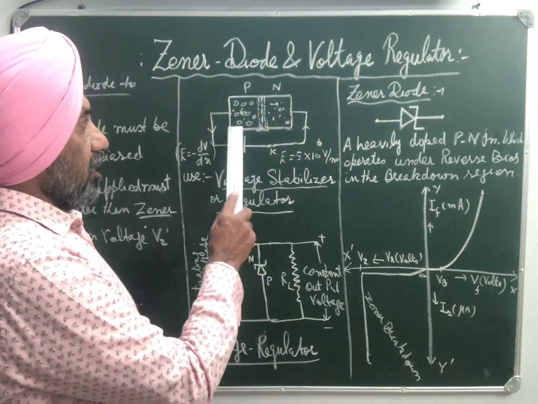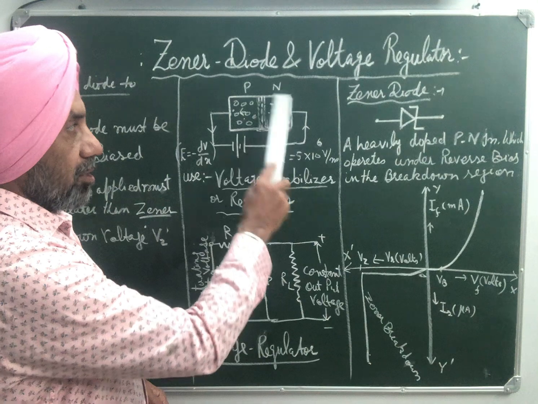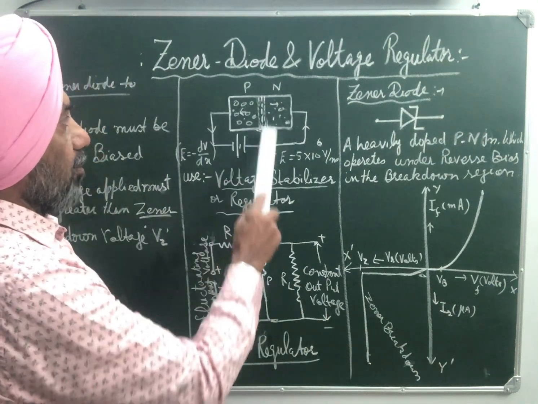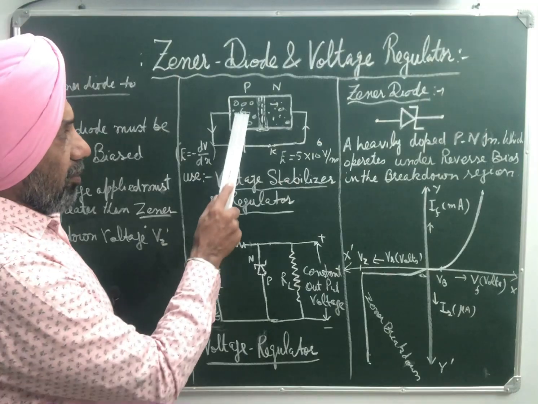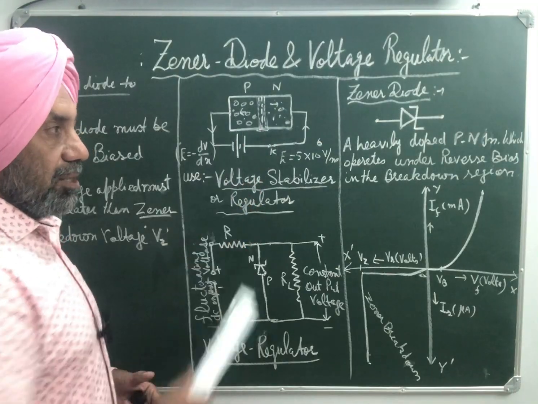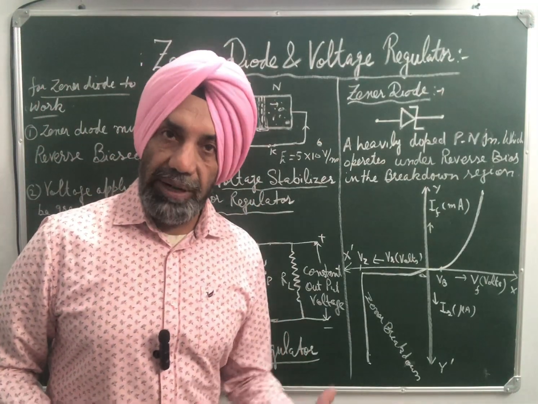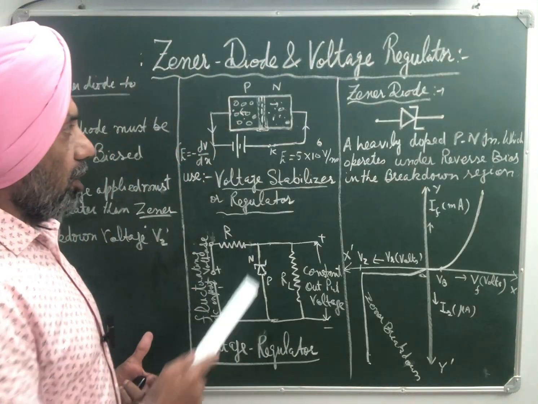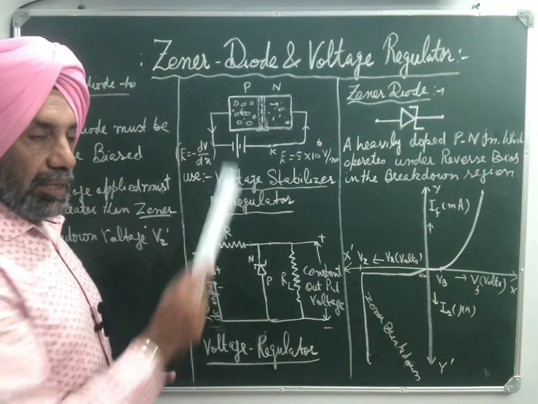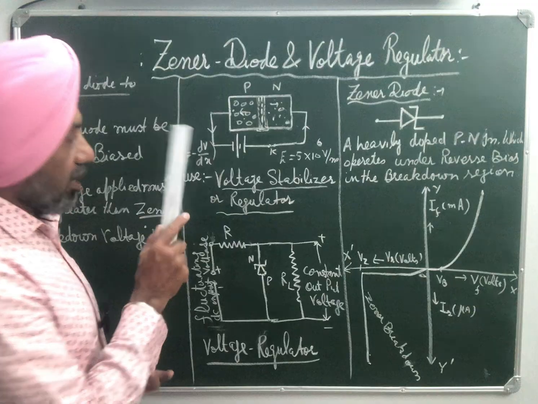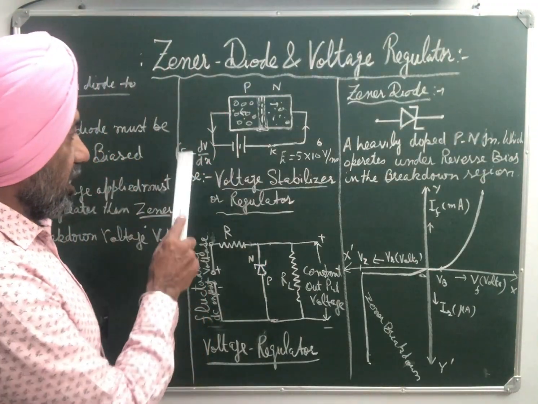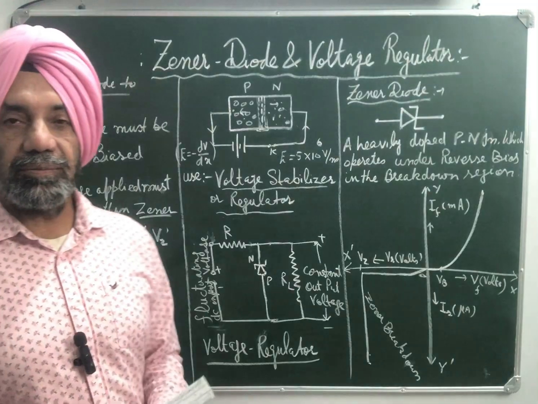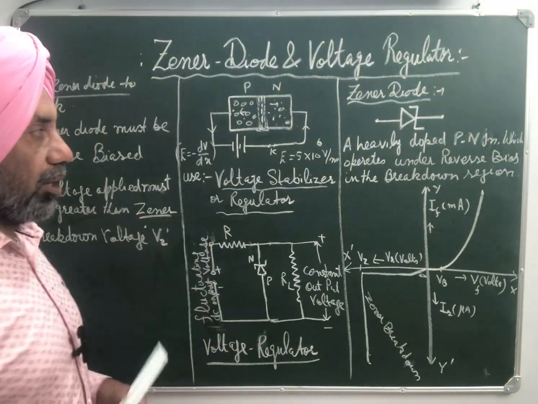Now, this is the reverse bias diagram of a PN junction. As the PN junction is heavily doped in the case of Zener diode, the depletion region is very, very thin. As a result, the electric field is very, very large across the junction, which is E equals minus dV by dx, because dx is very, very small.